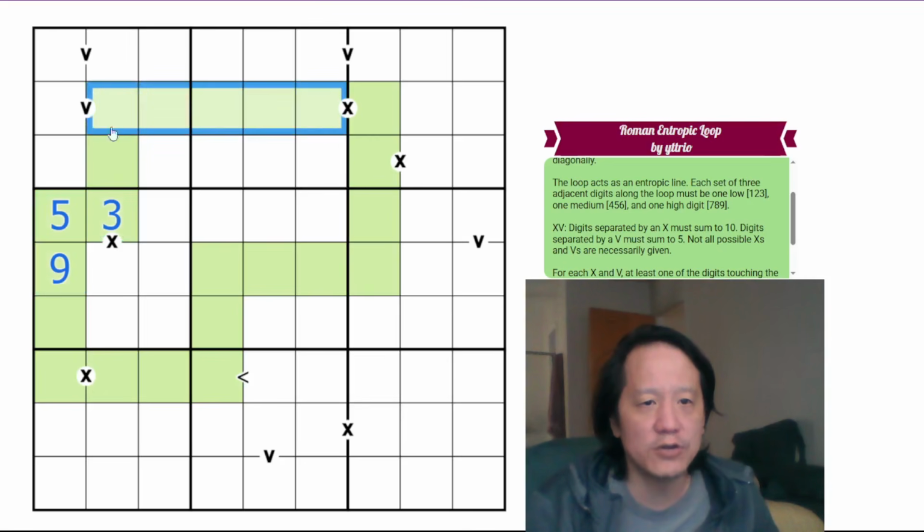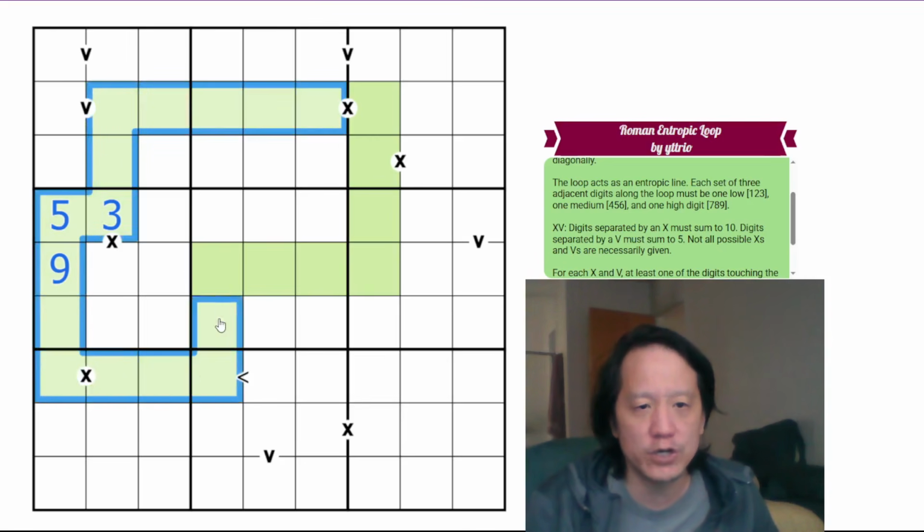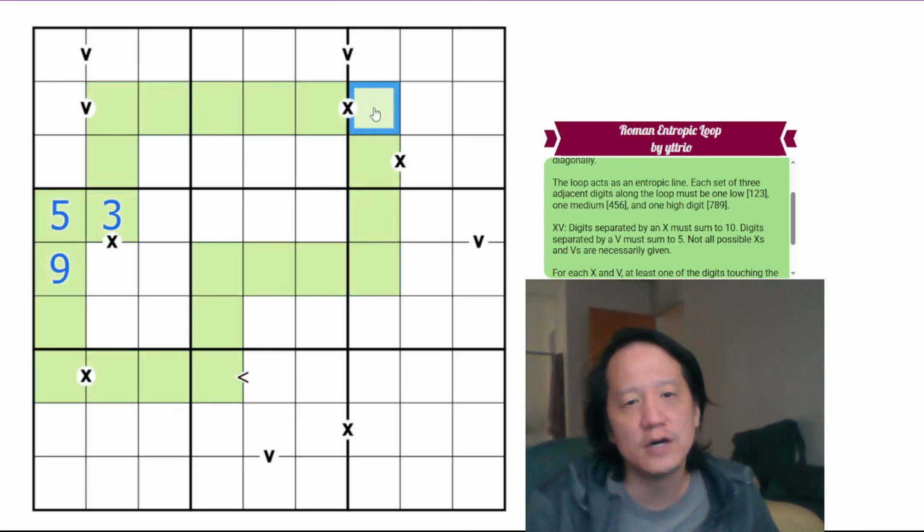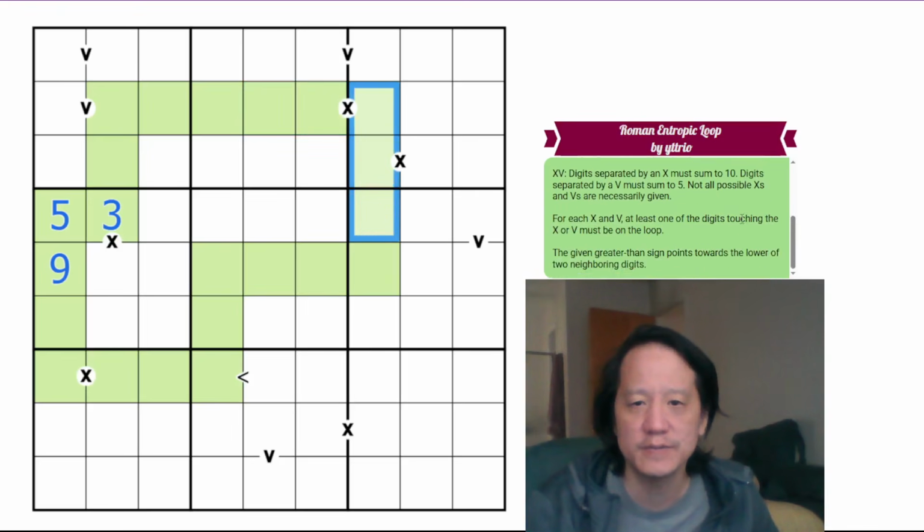So that's how the loop works. It's an entropic loop where every 3 cells on the loop must contain 1 from the set that's low, 1 from the set that's medium, and 1 from the set that's high.